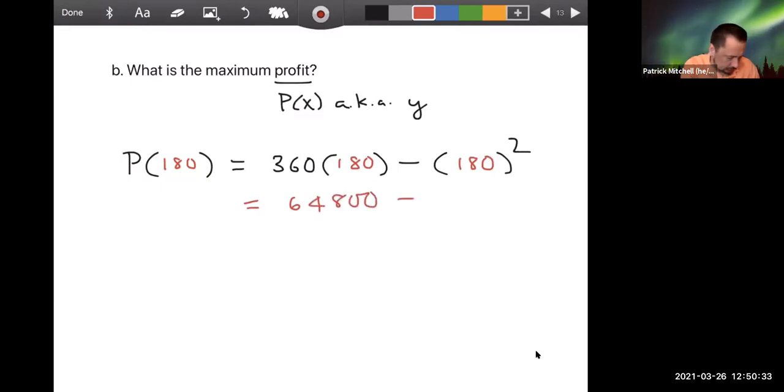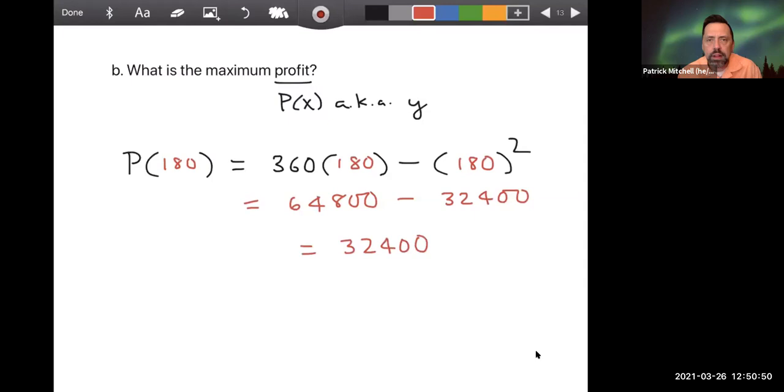And 180 squared is 32,400. 64,800 minus 32,400 is 32,400. And what were the units for that again? They were cents. All right, which is $324.